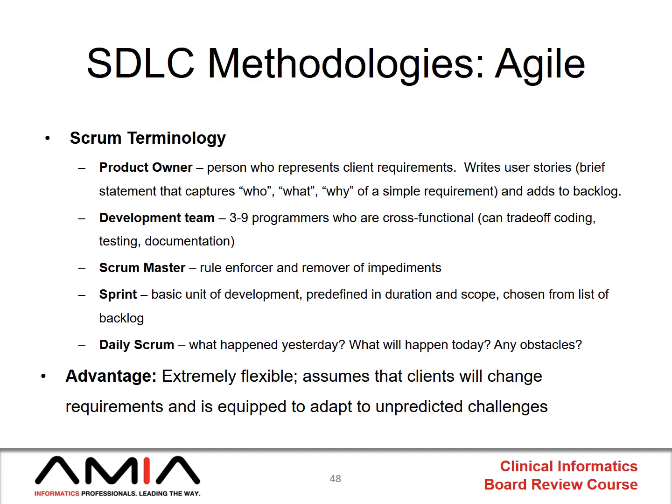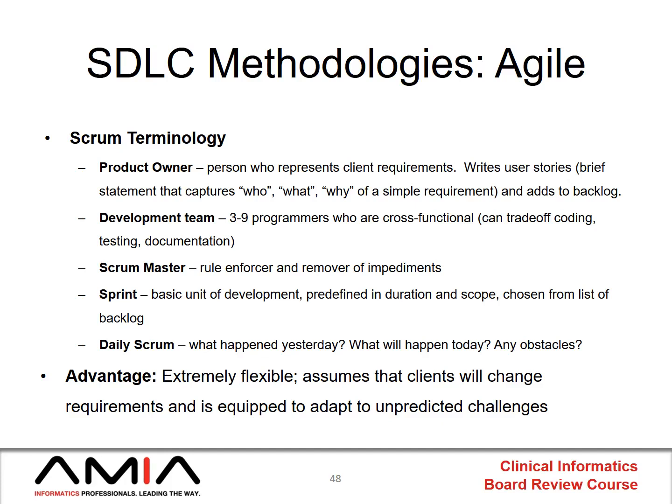The Scrum Master's responsibility is to look at what's on the backlog, assign tasks for a given unit of development called a sprint, and make sure that all those tasks get done and completed. A sprint is this basic iteration, this cycle of development in Agile methodology. It's predefined in duration and scope. So they'll say this week's sprint will include these tasks from the backlog list.